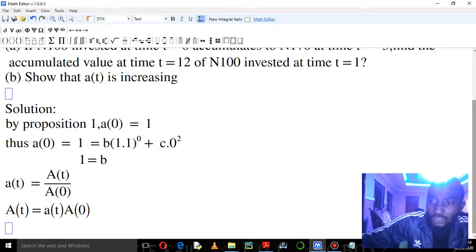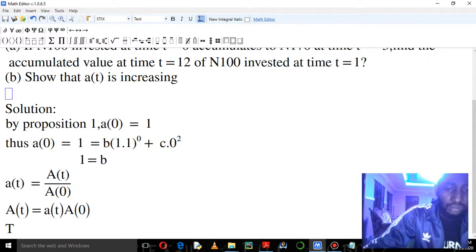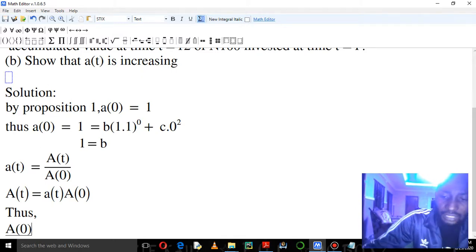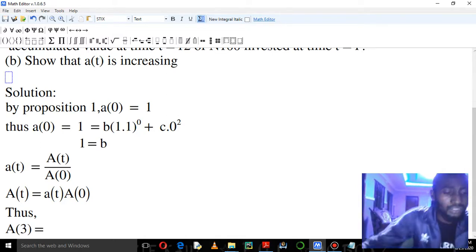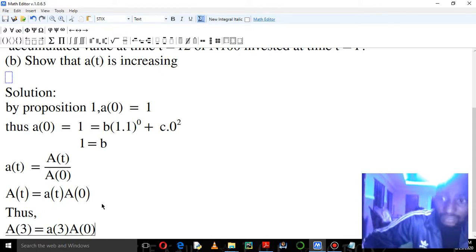So this means if you want to use A of 3, capital A of 3 equals small a of 3 times capital A of 0.